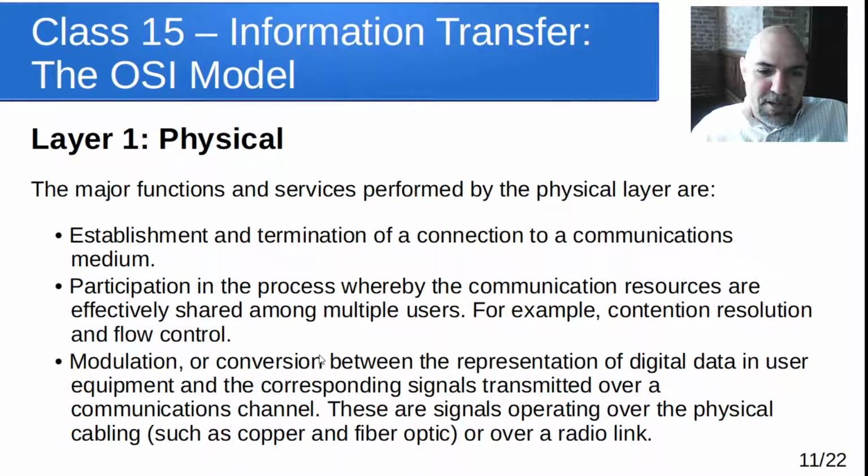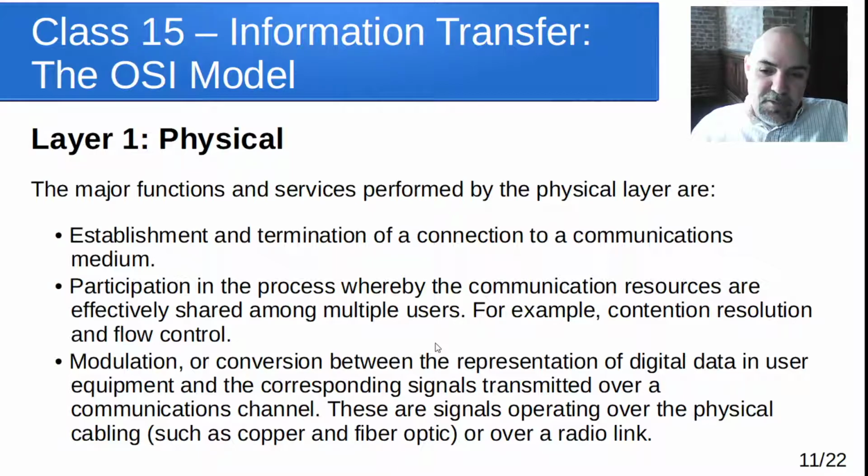It also deals with modulation and conversion between the representation of digital data in that equipment and the signals that are transmitted over that channel. In other words, how do you get the data, the binary data, ones and zeros, onto this physical thing as electrons or radio frequency transmissions, or in the case of fiber optics, light.